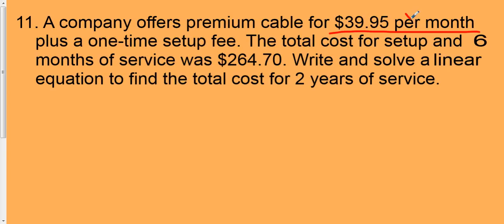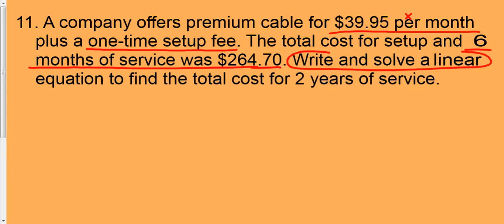Okay, so we have that per that tells us we're going to multiply, and it tells us that there is a one-time setup fee. Some other information that they give us is that the total cost for setup and 6 months was $264.70. We're going to write and solve that linear equation. So two things that we have to answer for this problem, and we're doing it for 2 years of service.